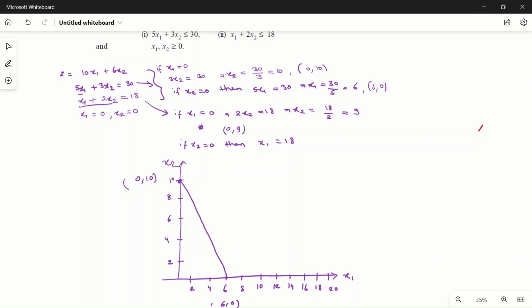And the second line passes through (0, 9) and (18, 0). (0, 9) is here, and (18, 0) is here.